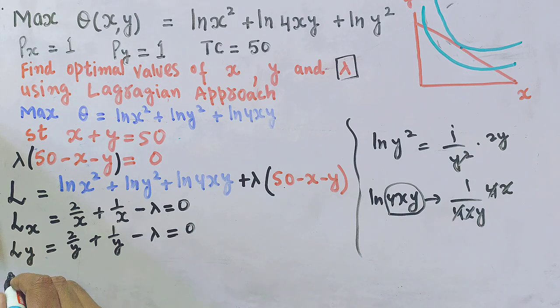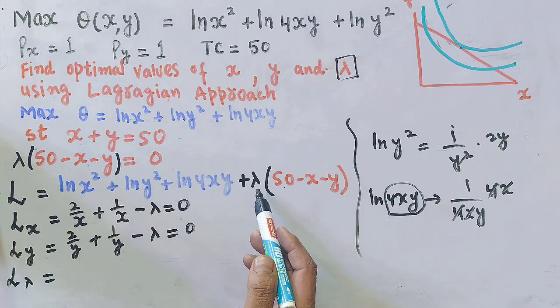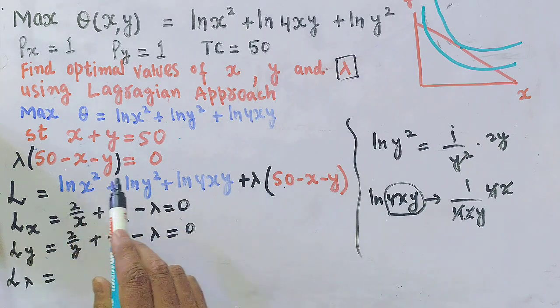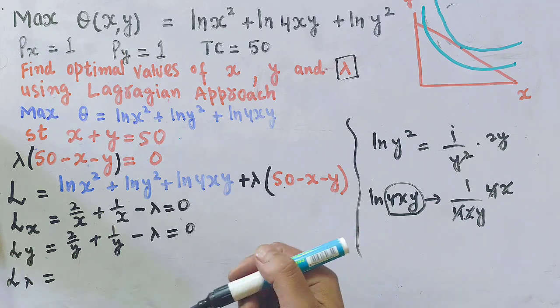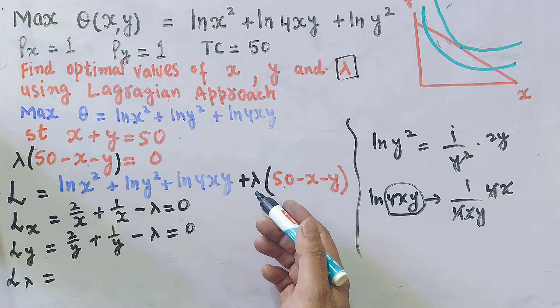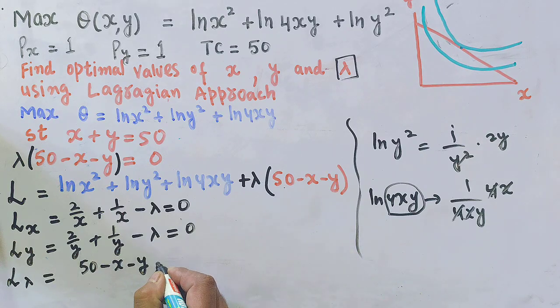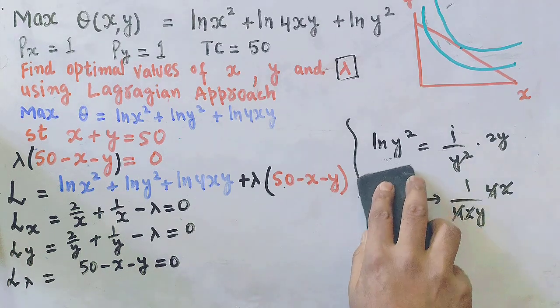Symmetrically we take the derivative with respect to lambda partially. Since no lambda is involved in the first 3 terms, their derivative is obviously 0, and the derivative of lambda is 1, so we are left with 50 minus x minus y equal to 0. Okay, I hope I am making myself clear.